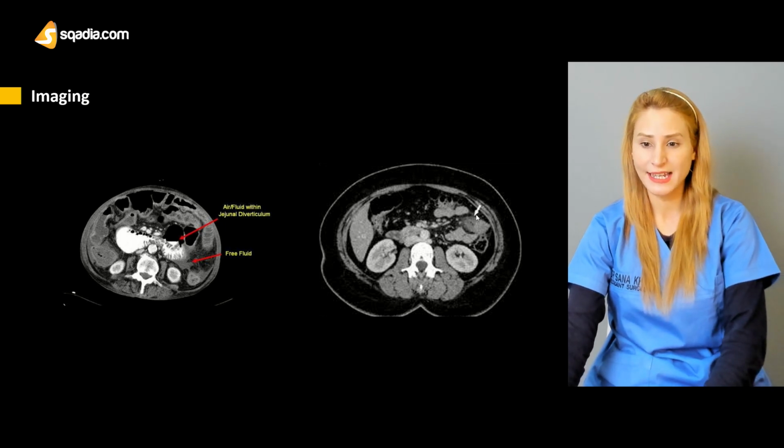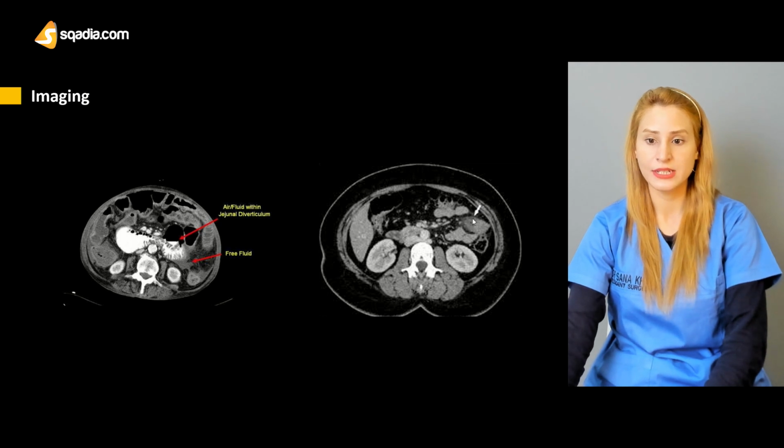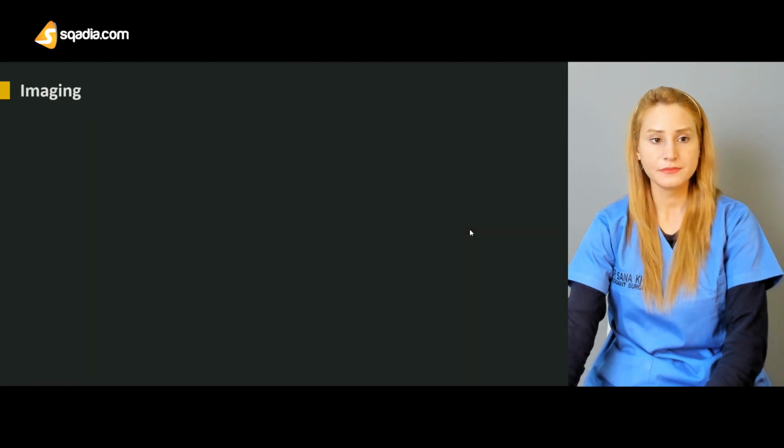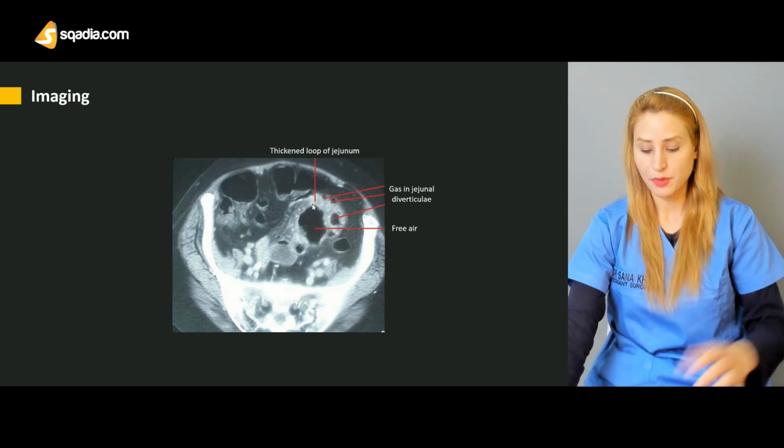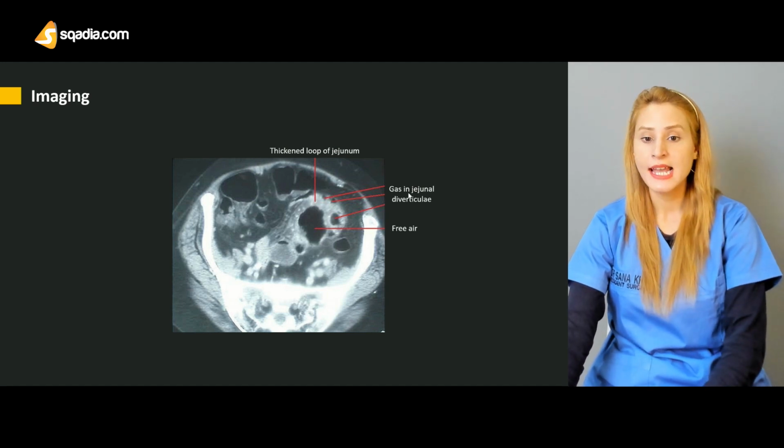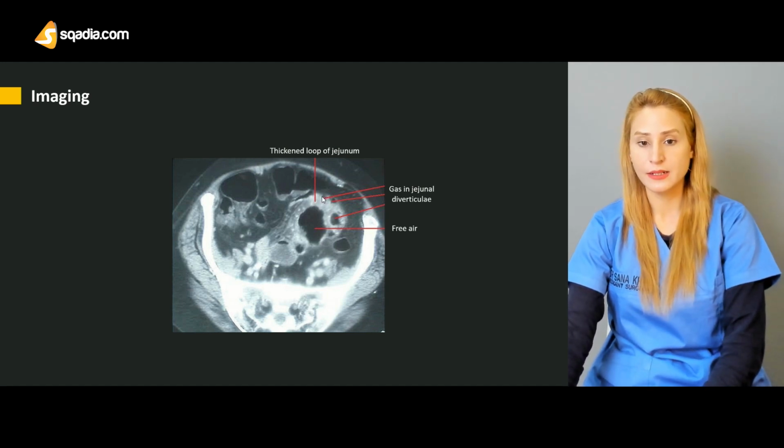There is another diagram you can see here on the top. The white arrow is showing the presence of another jejunal diverticulum. Some more pictures: you can see the whole loop of the jejunum, and a thickened loop of the jejunum is present. That means it is showing inflammatory changes. Then you can see the blackish patches here.